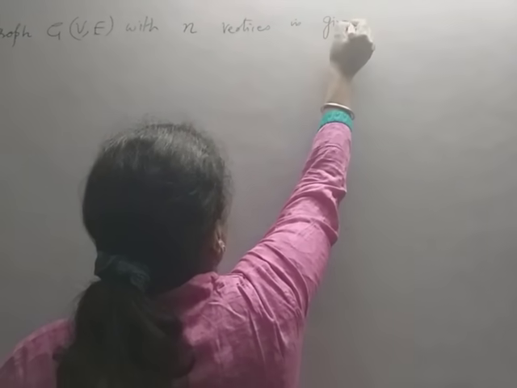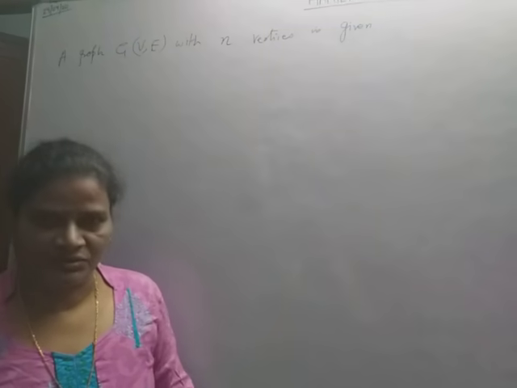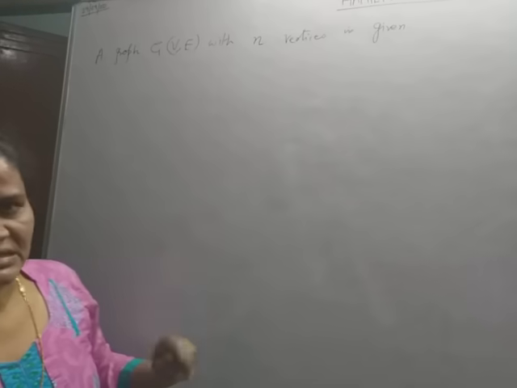So for all these definitions, we are considering a graph. The graph can be directed or undirected, but the graph should be connected. So here a graph with n number of vertices is given.